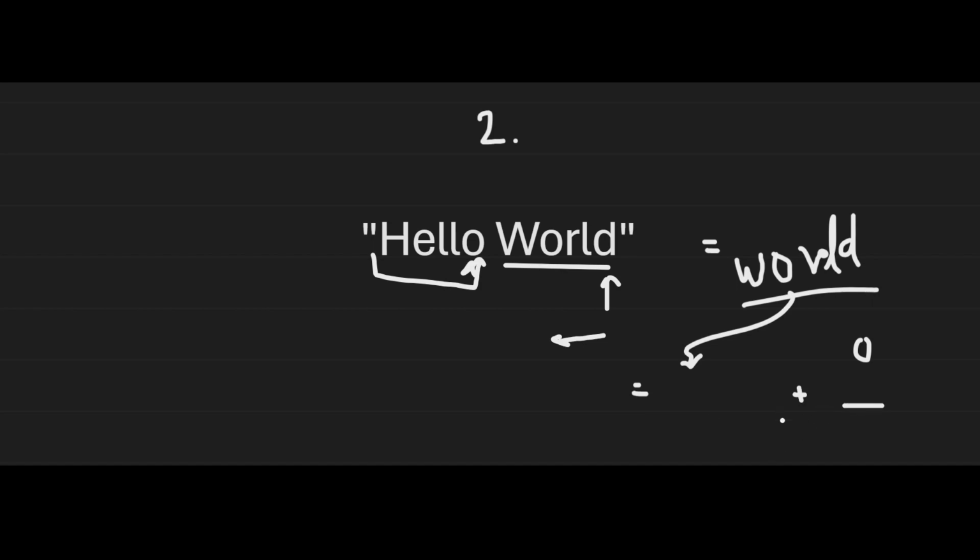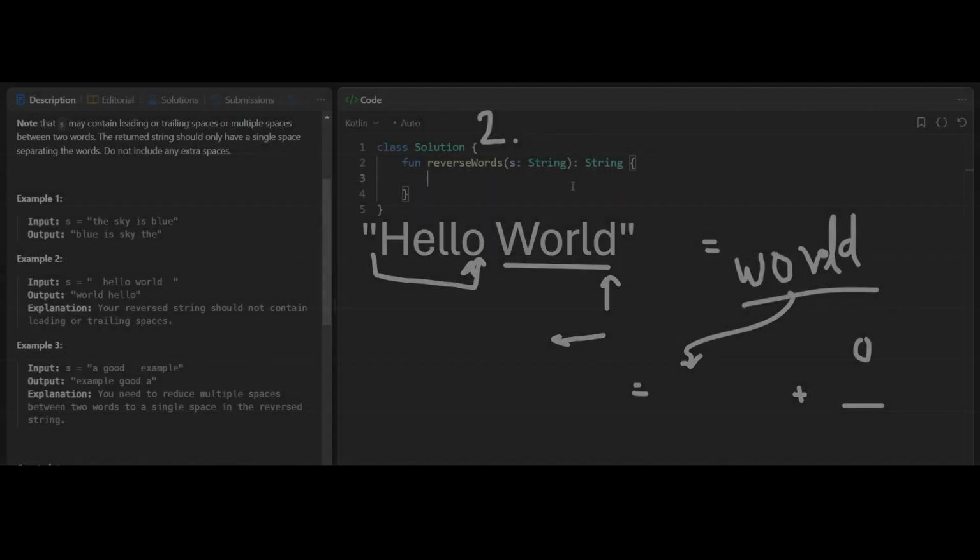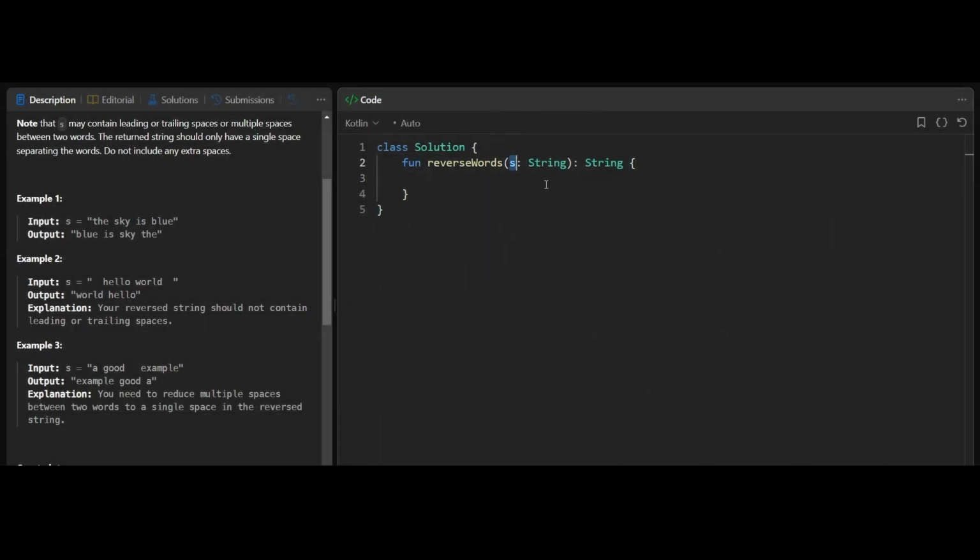So let's see the code based on this approach. This is the input string as we have been given. Let's create two variables, one is word and another one is result. Word will hold the word which we are currently building and result will hold our result. Let's iterate from the end of the string. And let's check if the character which we are currently seeing is not a space.